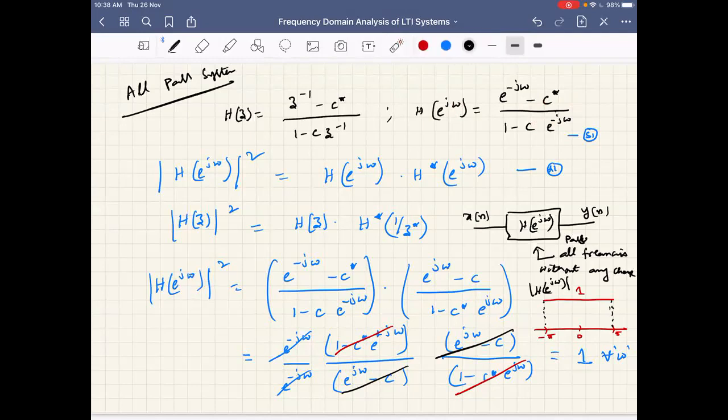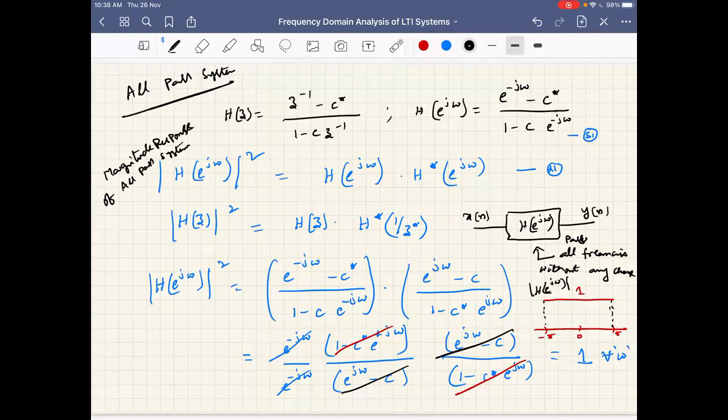What we have discussed and analyzed here is the magnitude response of the all pass system. So now let us see a little bit on the phase response.